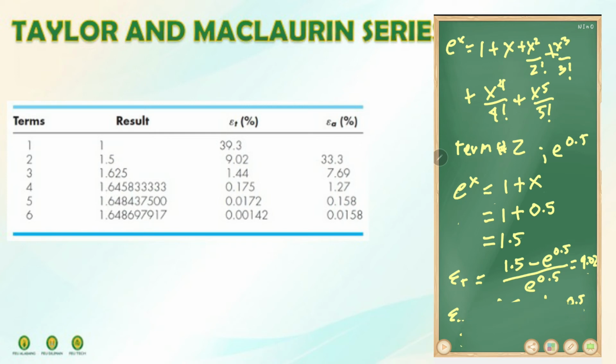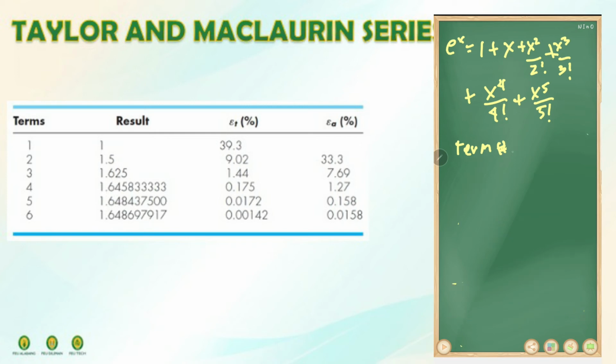So for term number 3, again, e raised to the x is equal to 1 plus x plus x squared over 2 factorial. So we have to substitute, of course, 0.5 as x.